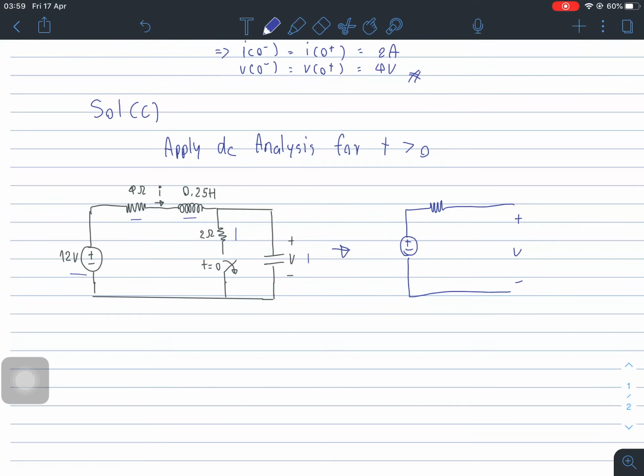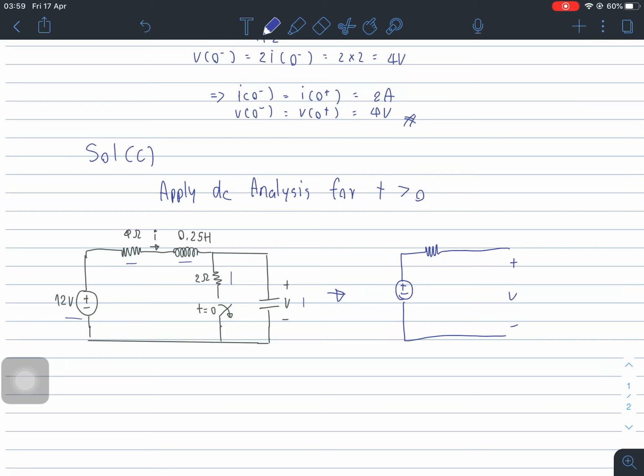It should be like this because when t is greater than 0, the switch is open. So we cut it out.